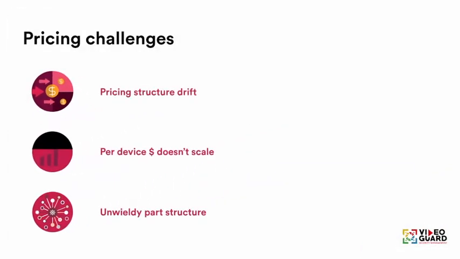So we took each of these challenges in turn and proposed a resolution to them. To address pricing structure, we are introducing a single price across manufacturers. So no matter which manufacturer you're purchasing from, it'll be a single price for all Intrusion integrations and a single price for all key cabinets.